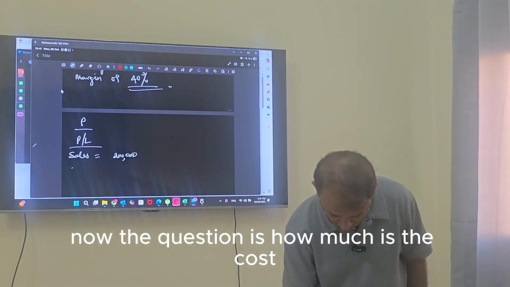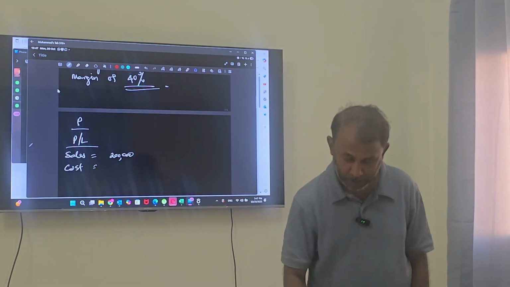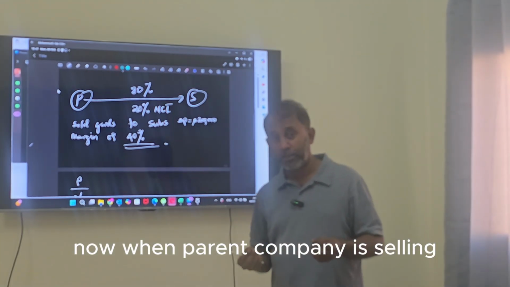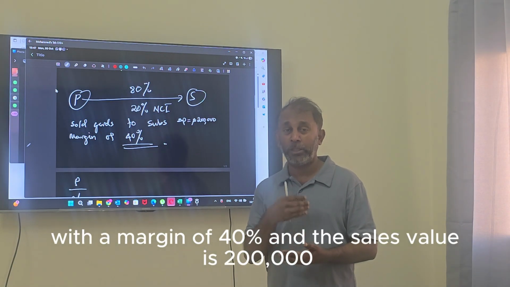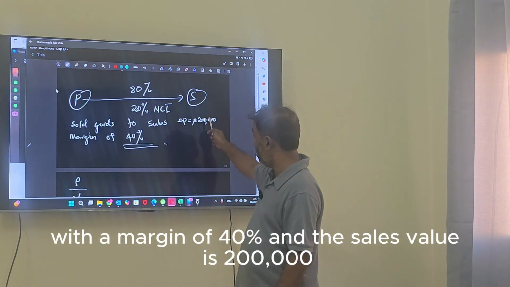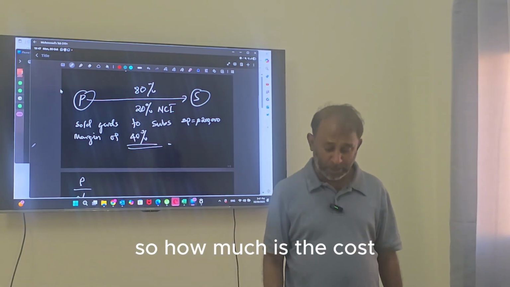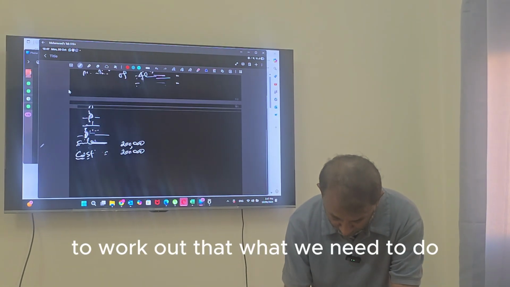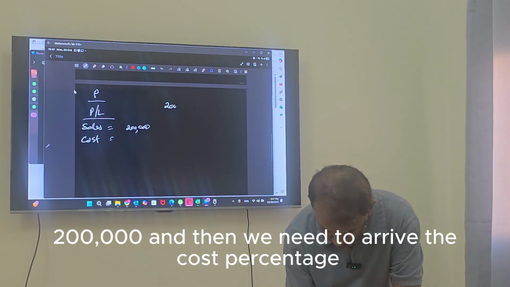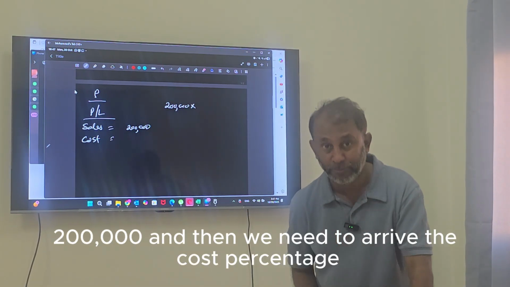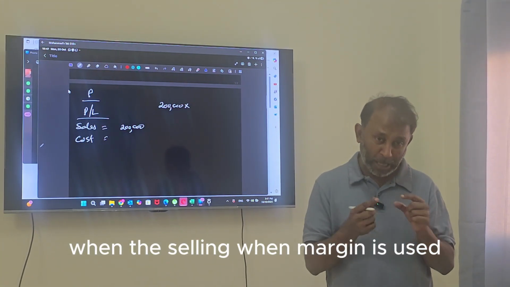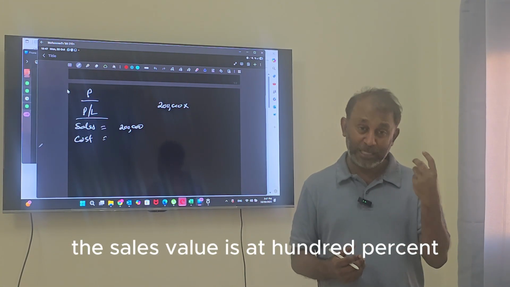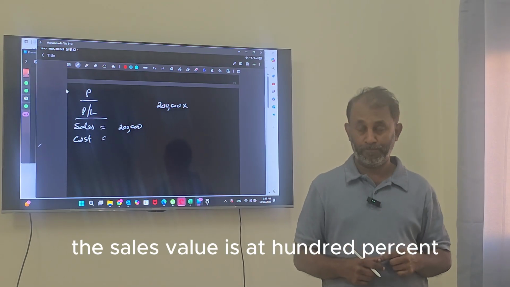Now the question is, how much is the cost? When the parent company is selling these goods to the subsidiary with a margin of 40% and the sales value is 200,000, how much is the cost? To work that out, we need to arrive at the cost percentage. When margin is used, the sales value is at 100%.